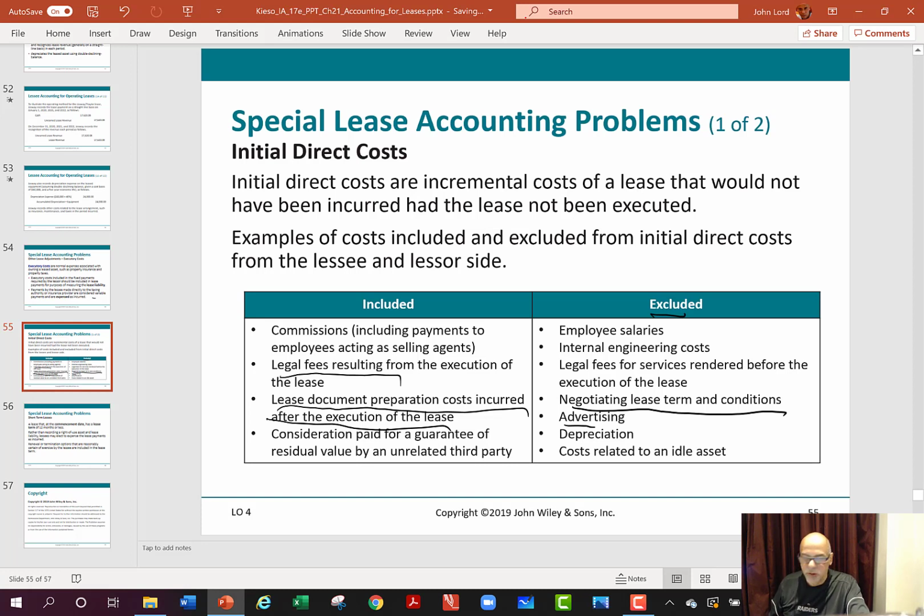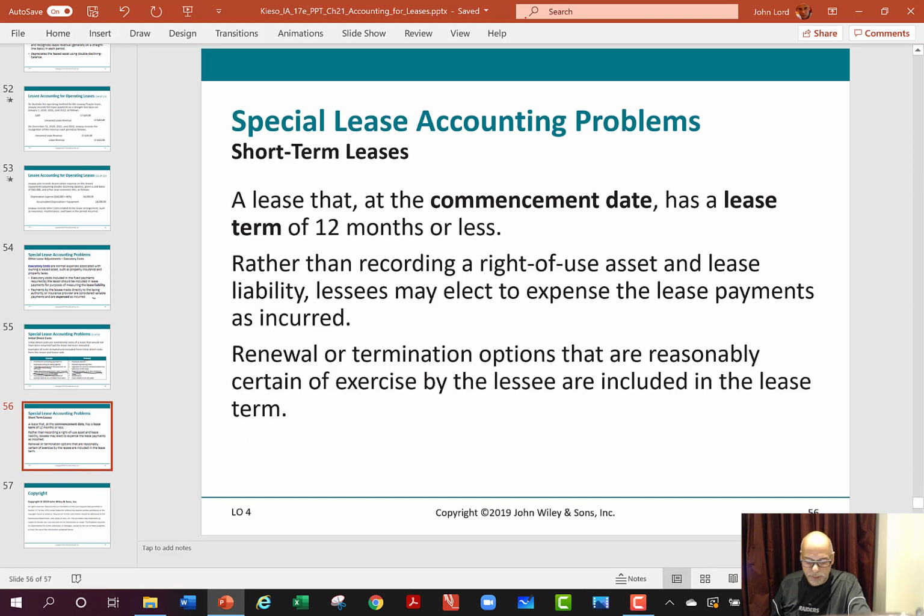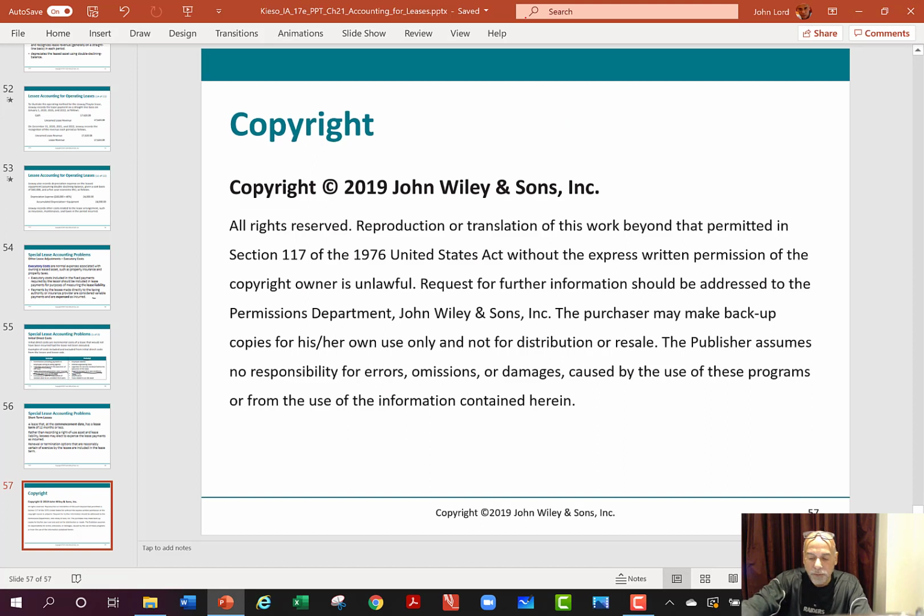Okay, and you can take a look at and see the nature of what would be included in the payments as initial direct cost, and which would be excluded. Okay, and then if the lease term is shorter than 12 months, just treat those lease payments as expense, and you don't have to worry about the amortization, the setup of the right of use asset. Okay, just a few things there at the end.